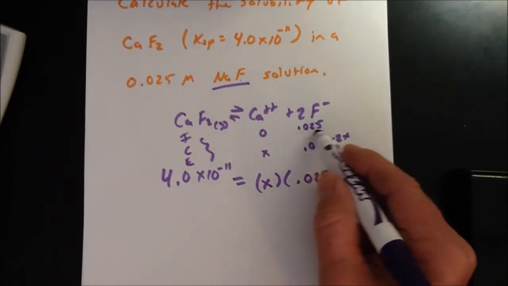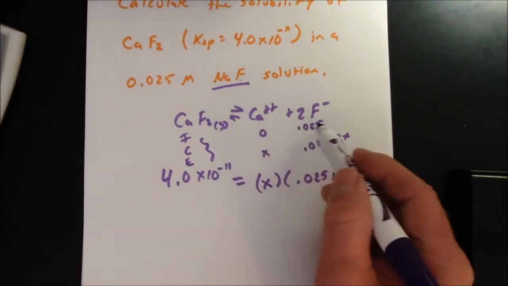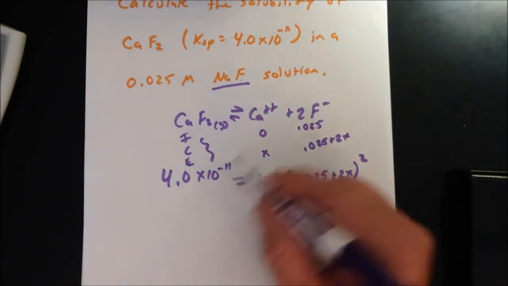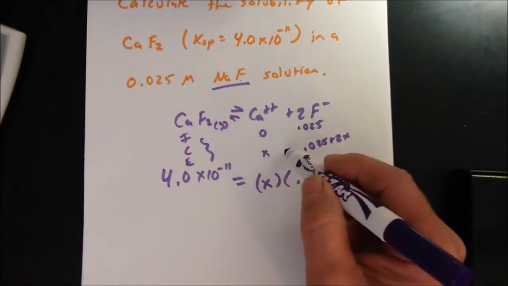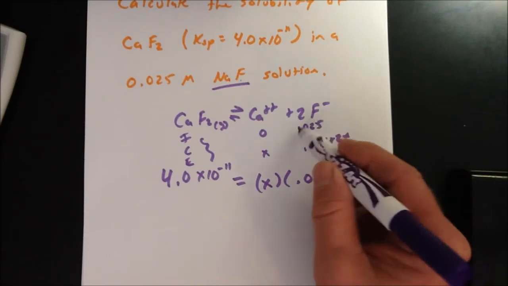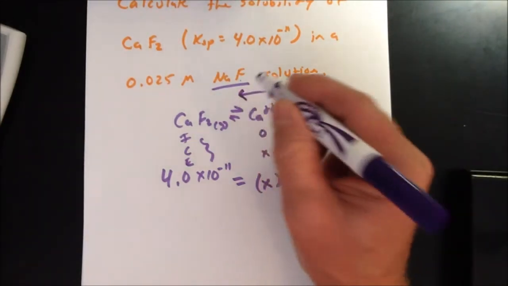But this 0.025 is a relatively large amount compared to how much we would get if we didn't have it. And you can actually do a test with 4 times 10 to the negative 11. We could have gone x and 2x just like the previous problem, found what the molar solubility was without that, and then we could talk about the fact that it's really, really small, put this in, and guess what's going to happen?